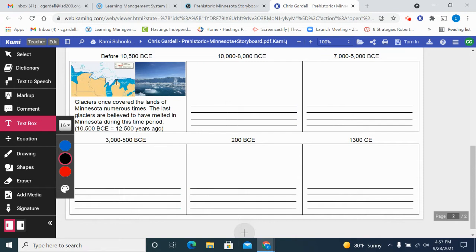I included what the glaciers look like during this time period in Minnesota as they're receding northward. And then I just showed another image of a glacier. So it's as simple as that. Just remember each time period needs 2 complete factual and detailed sentences and at least 1 image for each time period.